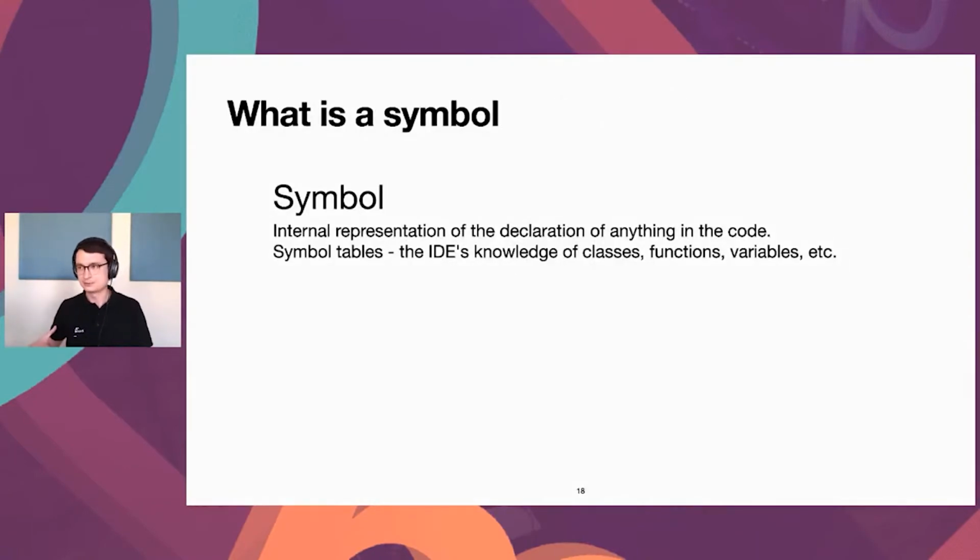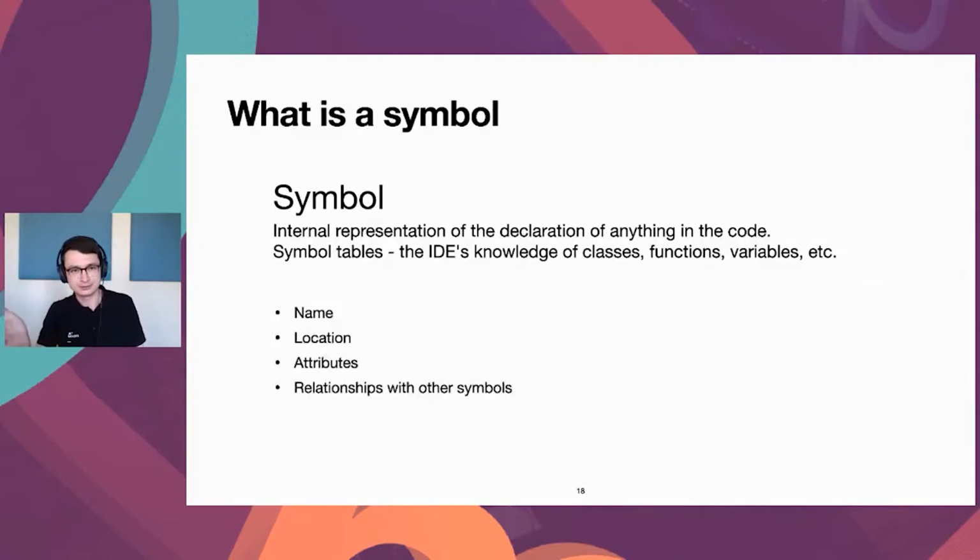So let's start with symbols. A symbol is an internal representation of any declaration inside your project. And in IntelliJ IDEs, they collect symbols into symbol tables. And if you take all the symbol tables, it's like what the IDE knows about your project. And usually a symbol contains information like the name of a function or a class, where it's located, in which file, in which line, etc. Some attributes, relationships with other symbols, for example, some superclass or anything else.